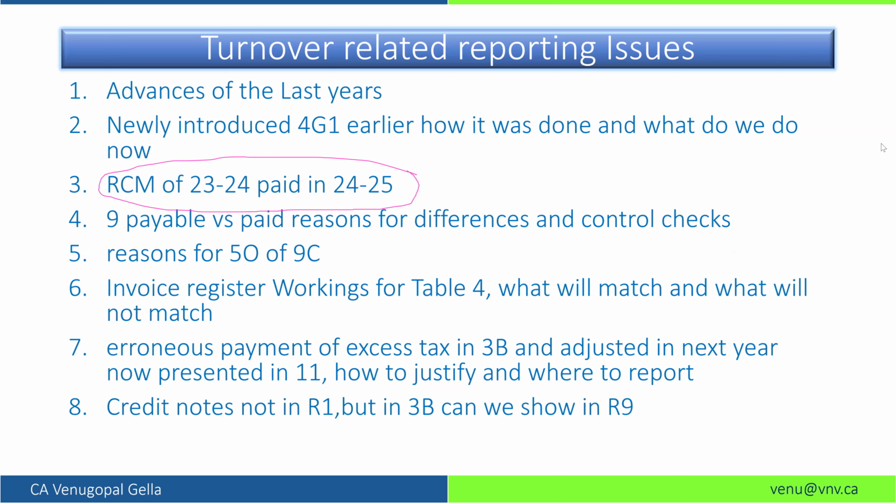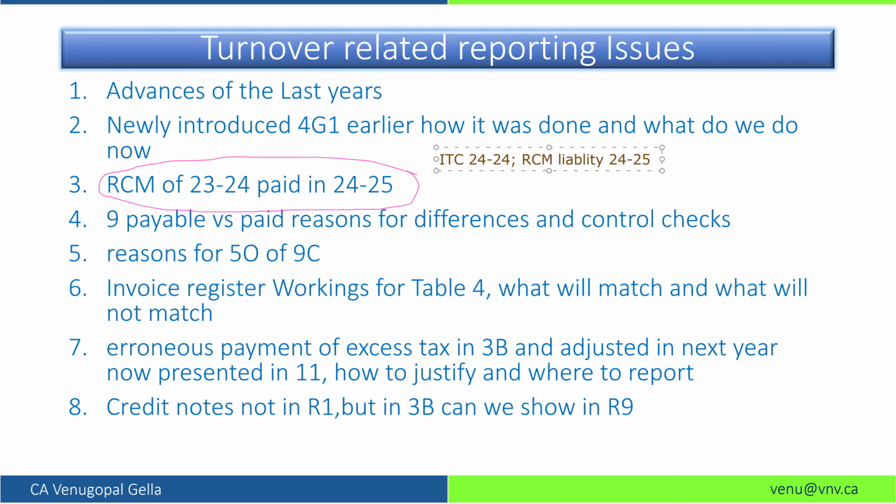According to me, this is the only thing for which GSTN has still not worked out a solution. Imagine there is an RCM liability of 1 crore rupees, that is 18 lakhs. In 23-24, I was supposed to pay, but I paid in 24-25. So anything paid in 24-25, your ITC will be 24-25, RCM liability will be 24-25.